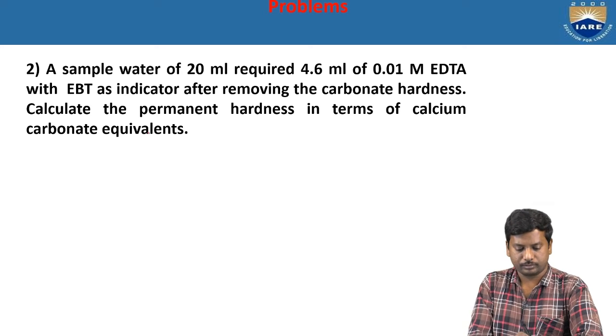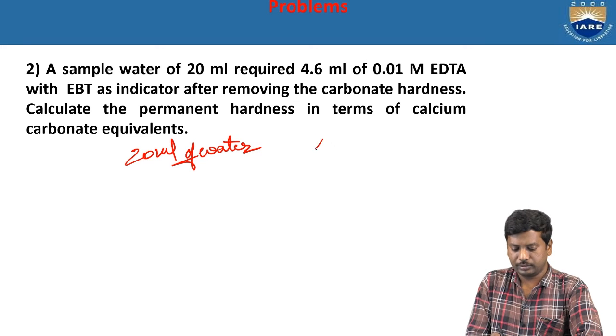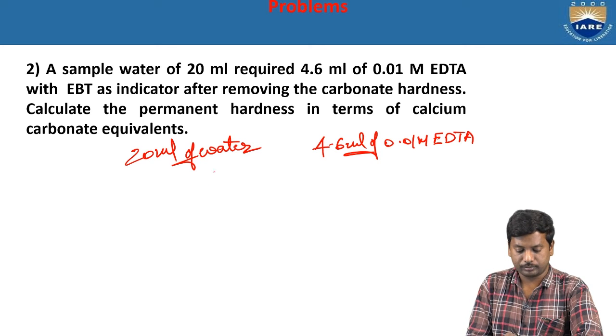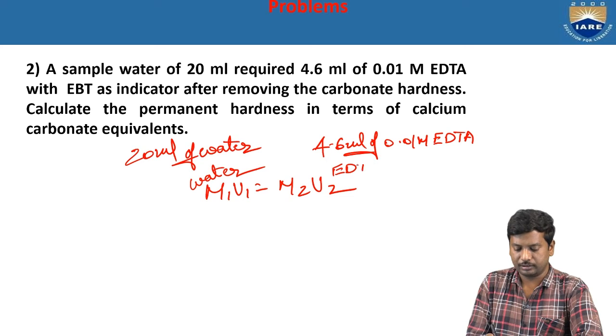Now the given data: 20 ml of water requires 4.6 ml of 0.01 molar EDTA. Now by using the formula M1V1 is equal to M2V2, from the left side we consider water and from the right side EDTA.